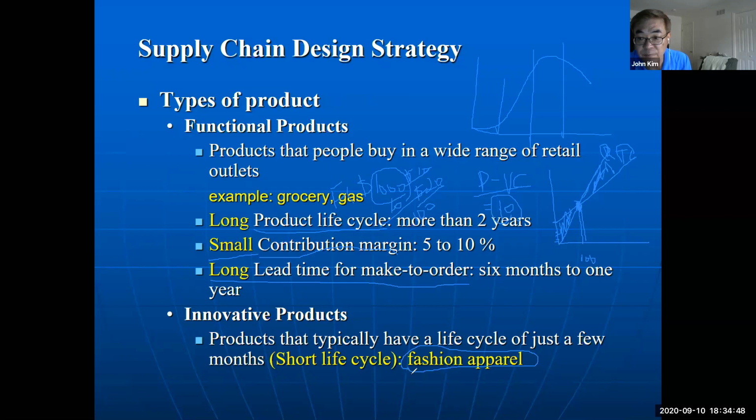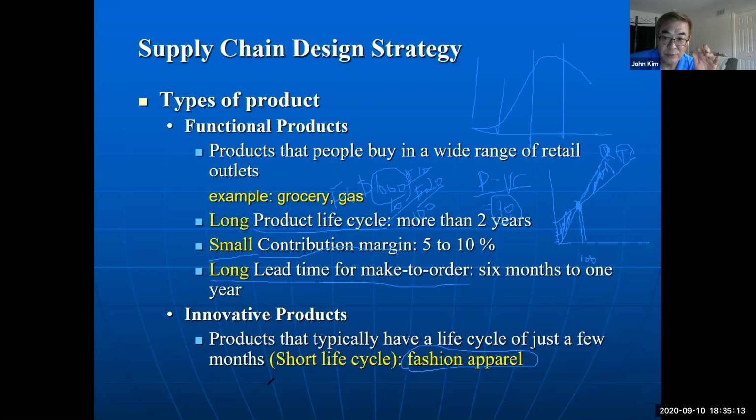So sometimes fashion apparel life cycle is only one season, a very short life cycle. So contribution margin should be large for the innovative product.